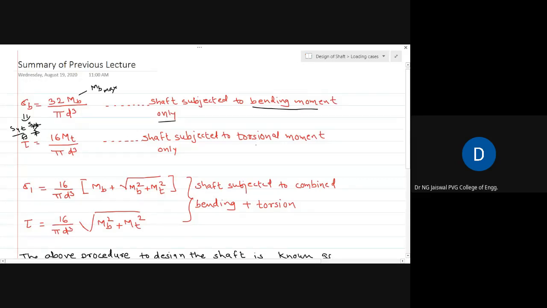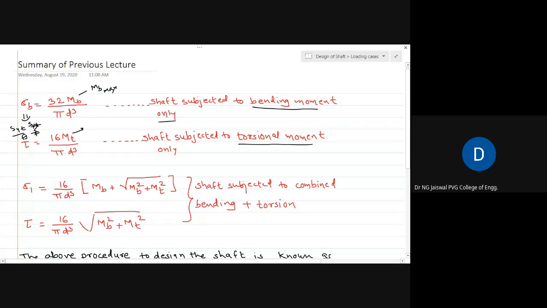Second case, the shaft is subjected to only torque or torsional moment. That torsional moment is known to you, either by power and RPM or by any other means.